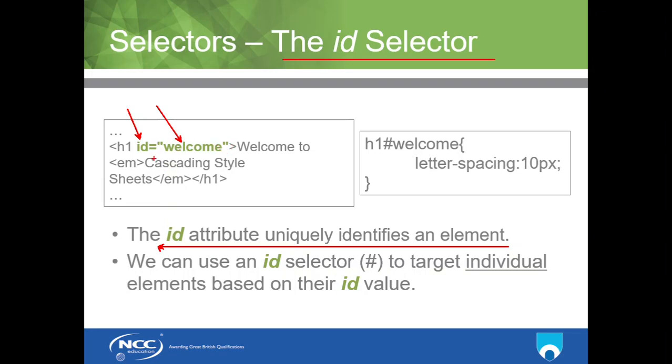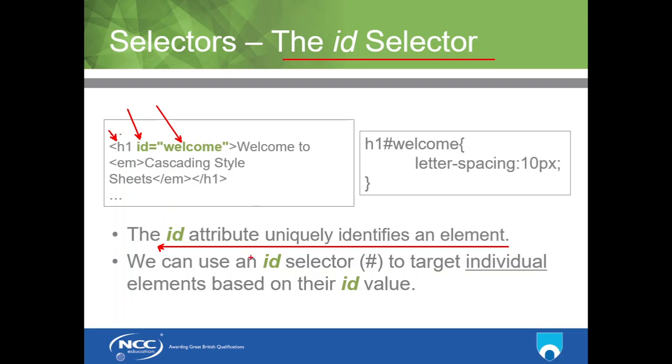If we want to format this particular H1 that is welcoming people to our website, where the content is welcome to Cascading Stylesheet, this is the very first heading in our website, and we want to format it differently from all other H1s, then we use the ID selector.